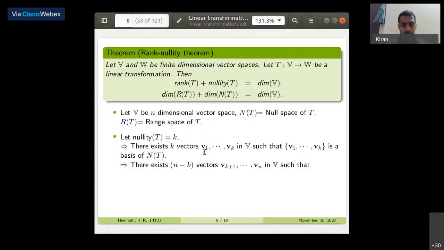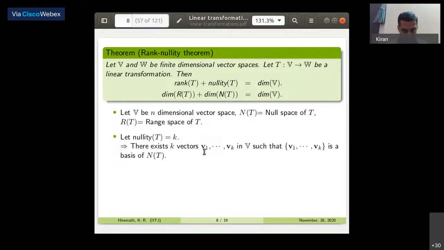So what is the second conclusion of this choice? Look at the vector space V. Part of this vector space V is the null space. The null space is of dimension k. And I know that the vector space is of dimension n.